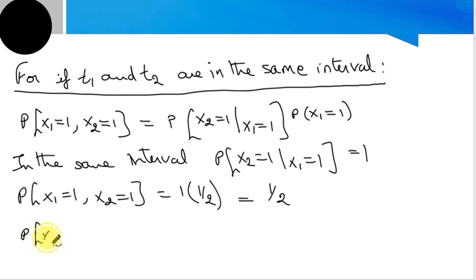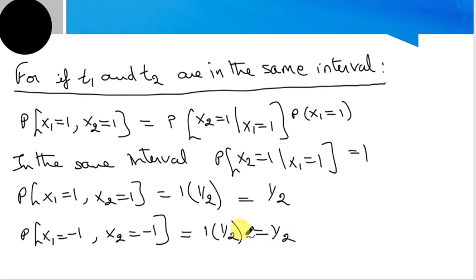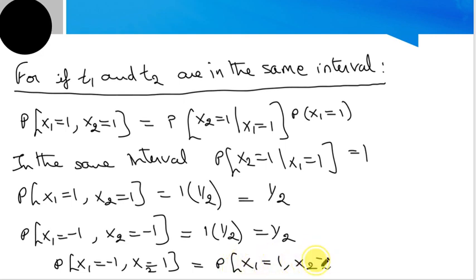Similarly, probability of x1 equal to minus 1 and x2 equal to minus 1 will also be 1 into half, value equal to half. For all other cases, the value will be 0. That is, probability of x1 equal to minus 1 and x2 equal to 1, and probability of x1 equal to 1 and x2 equal to minus 1, in both these cases it is 0.